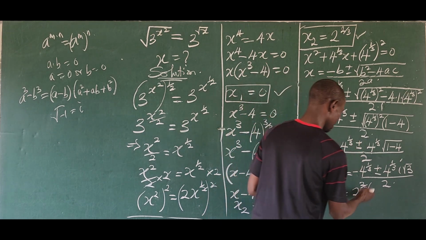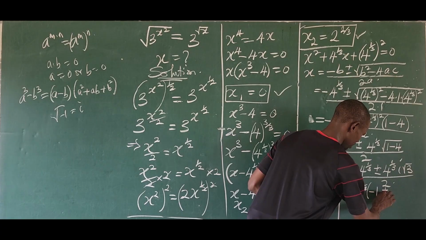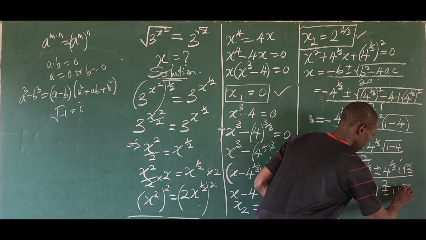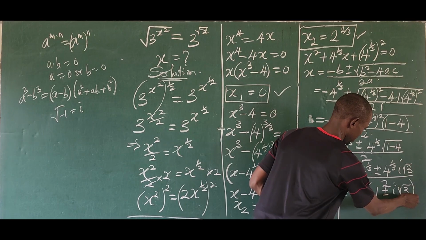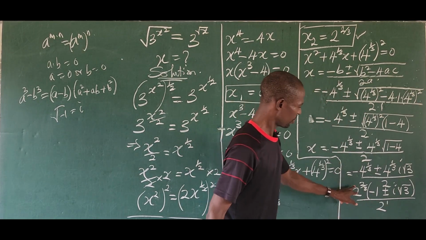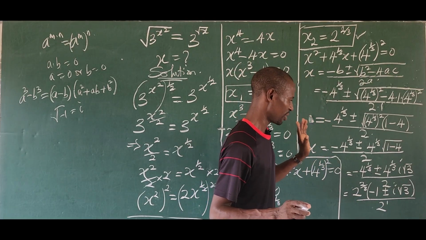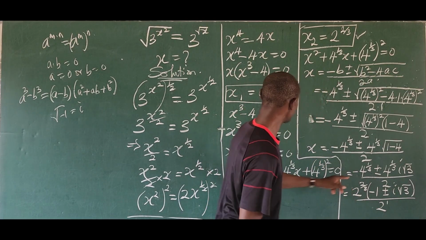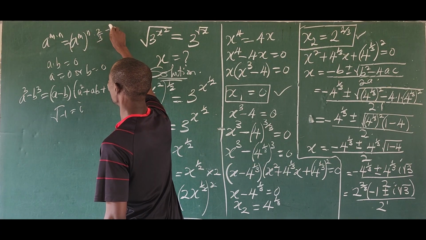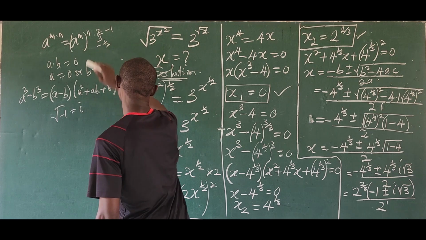If we use this to divide this, we are left with minus 1 plus minus iota root 3, close bracket, all over 2 raised to power 1. So we can use this and this to divide out. Dividing out, we're dealing with the powers 2 minus 1, so this is going to give us 2 to the exponent minus 1 all over 2.